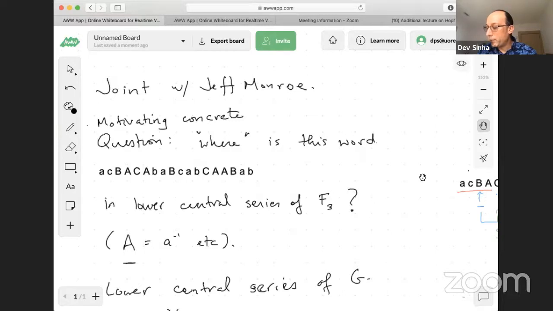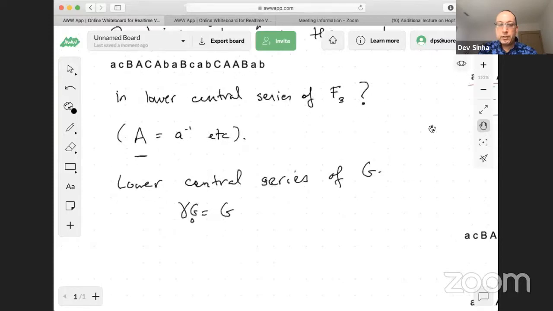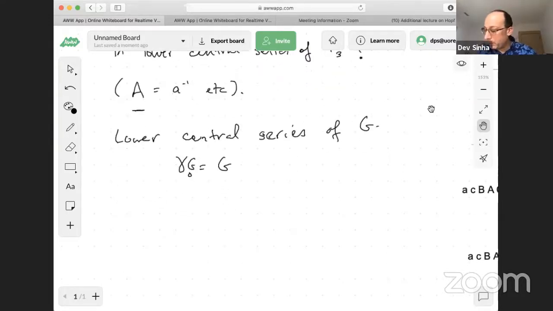Gamma naught of G is G, and then you set gamma i of G to be the normal subgroup generated by the commutators of the previous step with G. So at first you have anything, then you have things which you know are commutators, then you have commutators of something with a commutator, etc.